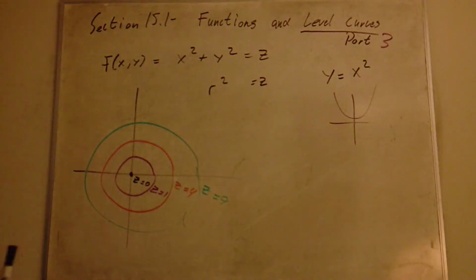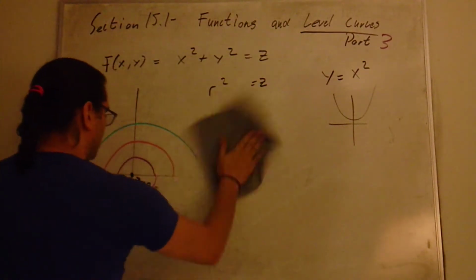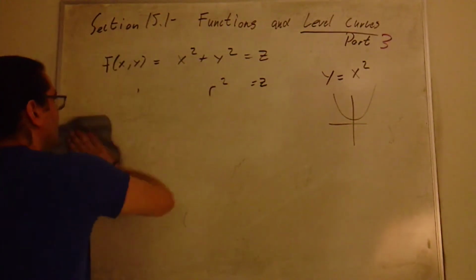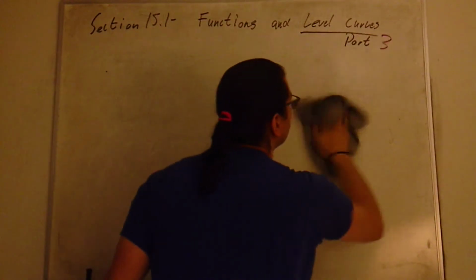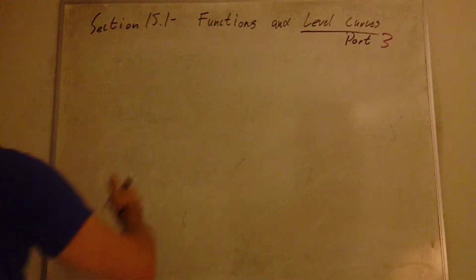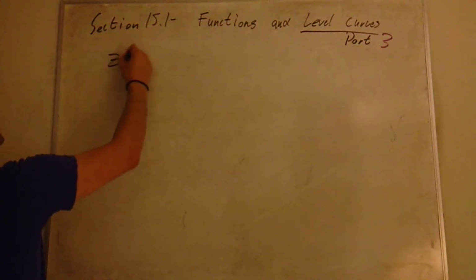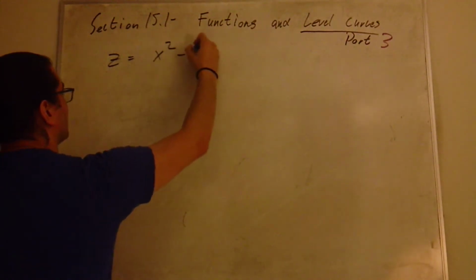I want to do a different kind of function as well. I want to talk about something that looks like z equals, let's say, x squared minus y.